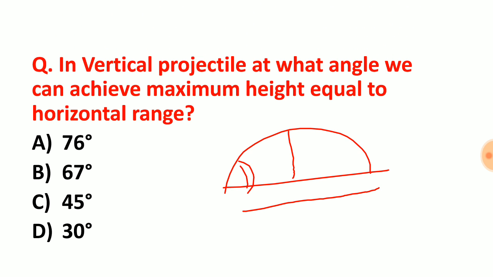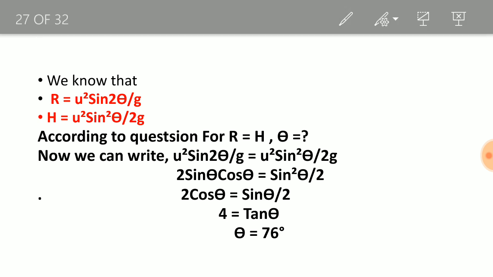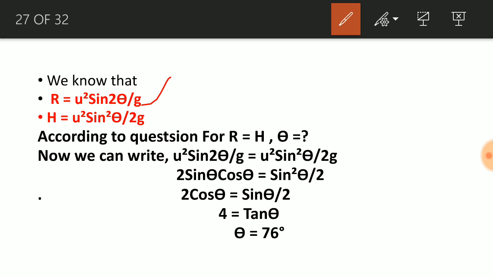Let us see from mathematics, from our formula. This is the expression for R, this is the expression for H. Both are distances, so they can be equal at some point. According to the question, let us equate them, and u squared and u squared will cancel here. Sine 2 theta is equal to 2 sine theta cos theta. g and g will also cancel here.